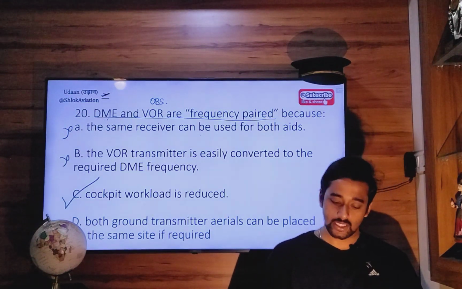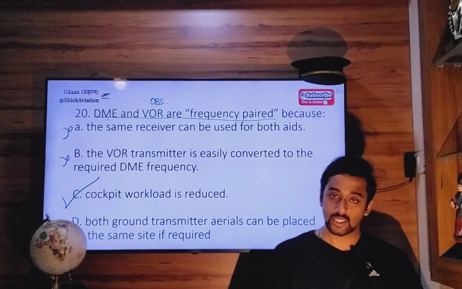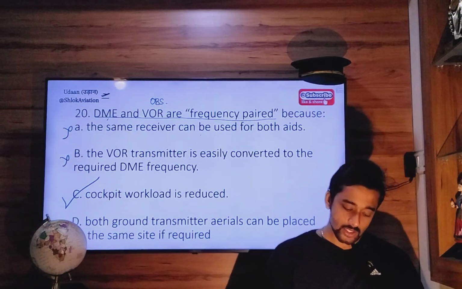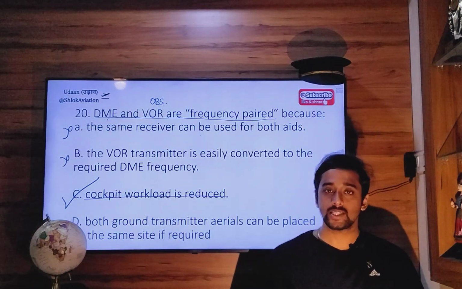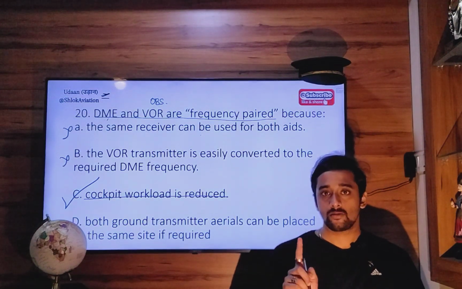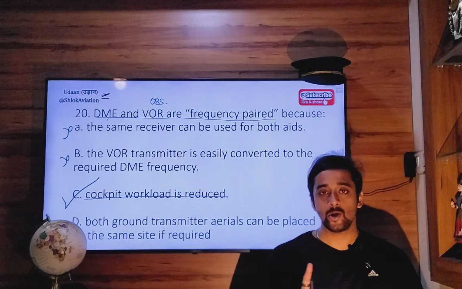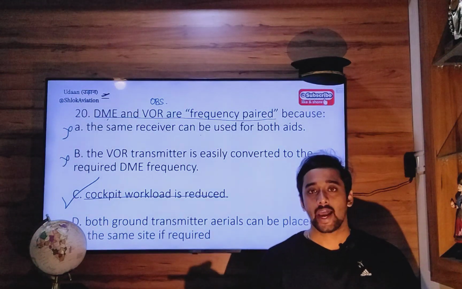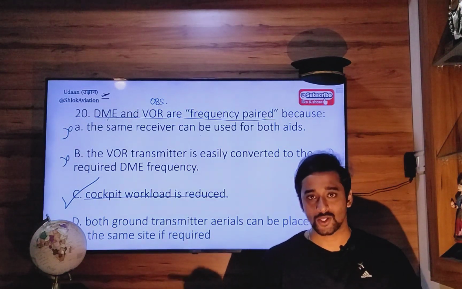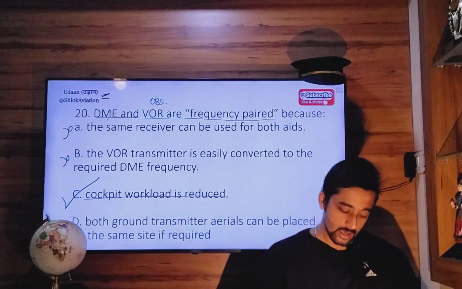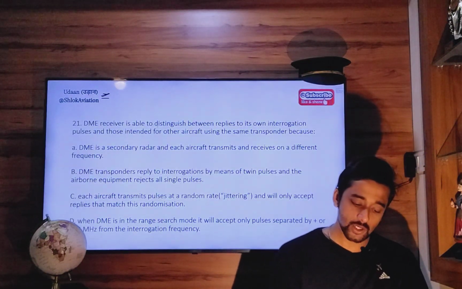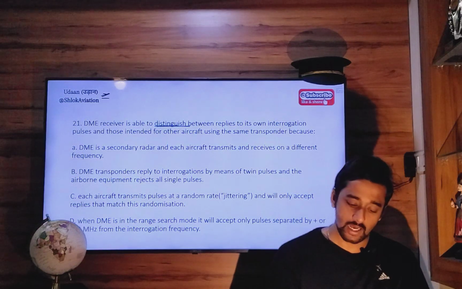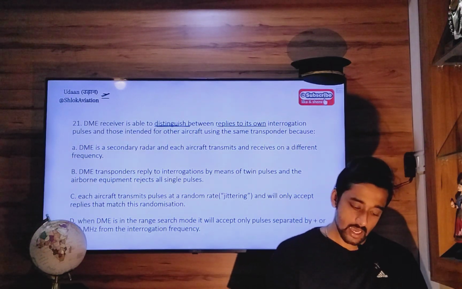Both ground transmitter aerials can be placed on the same site if required. No. So most suitable option is option Charlie. When frequencies are paired, selection of one frequency, let's say VOR frequency, will automatically activate DME frequency also. So that cuts down your workload. So option Charlie.